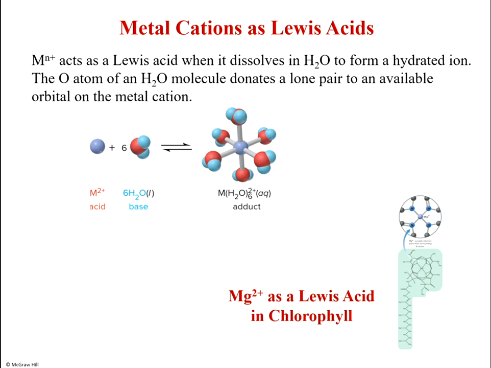And a classic example of a metal ion, which is not necessarily an acid in water, is magnesium ion in water, though it will precipitate out as hydroxide. In chlorophyll, it's acting as an acid because it's an electron pair acceptor.